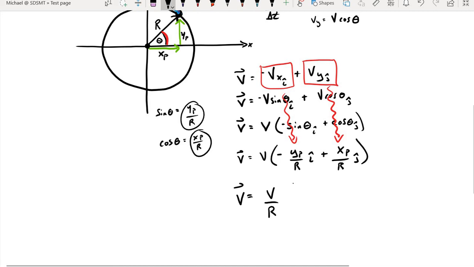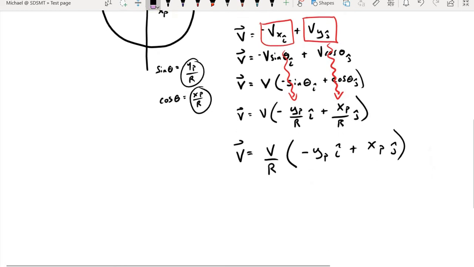We'll bring that out to the front. And we still have this sort of crazy combination of y component in the x direction, x component in the y direction. But again, don't let that concern you too much just yet. We're going to push through.